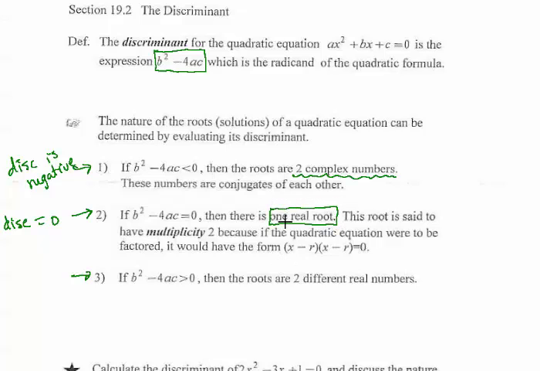A single number, and it's a real number. That happens when the discriminant is equal to 0. And finally, if the discriminant turns out to be a positive number, another way of writing that is b squared minus 4ac is greater than 0, that means it's positive. If that happens, then we have 2 real solutions.